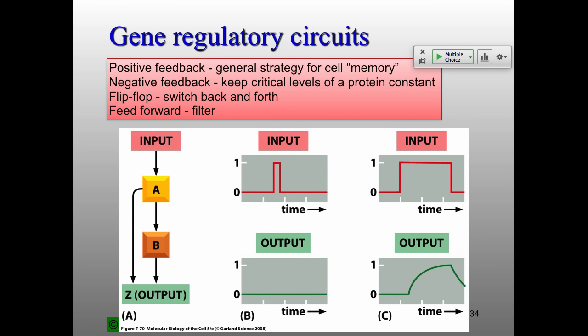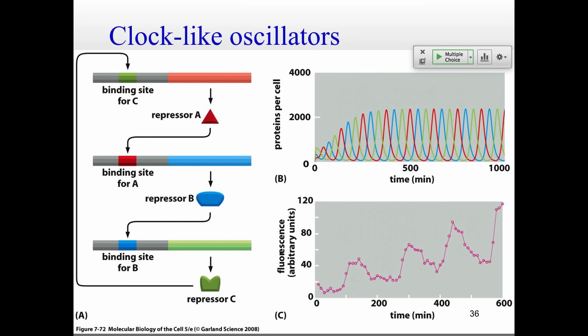And it's this combination of positive feedback, your cellular memory, negative feedback for keeping things at a nice level, flip-flop, feed-forward, and then this last case in terms of these regulatory sequences is this repressor process. And so keeping things at the same level, but actually you can use these kinds of repressor circuits to give you an oscillation pattern, which happens.